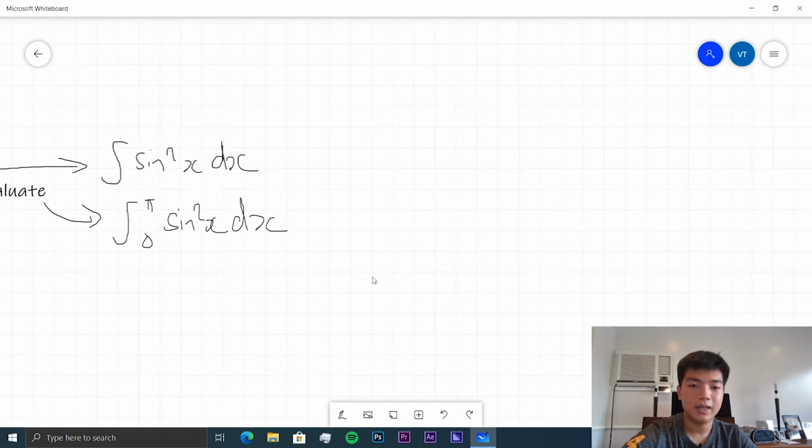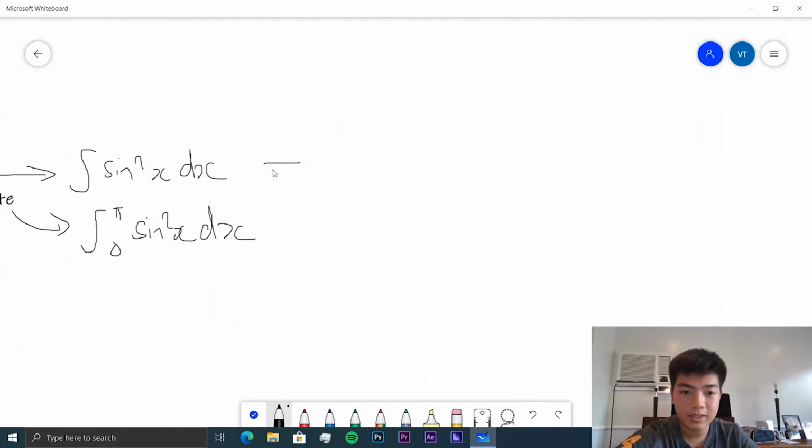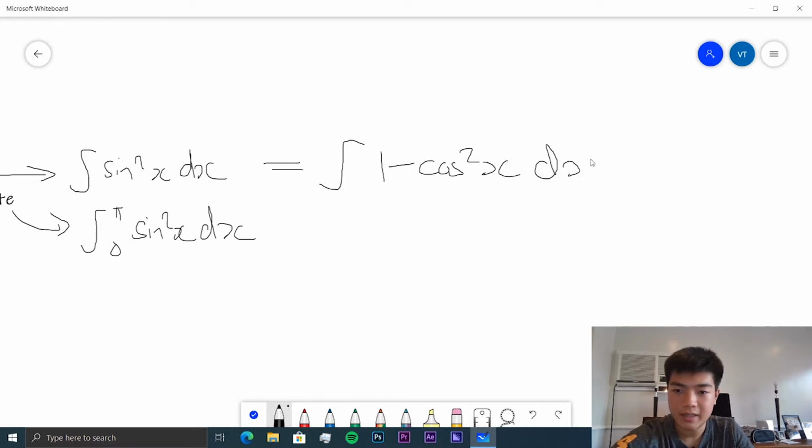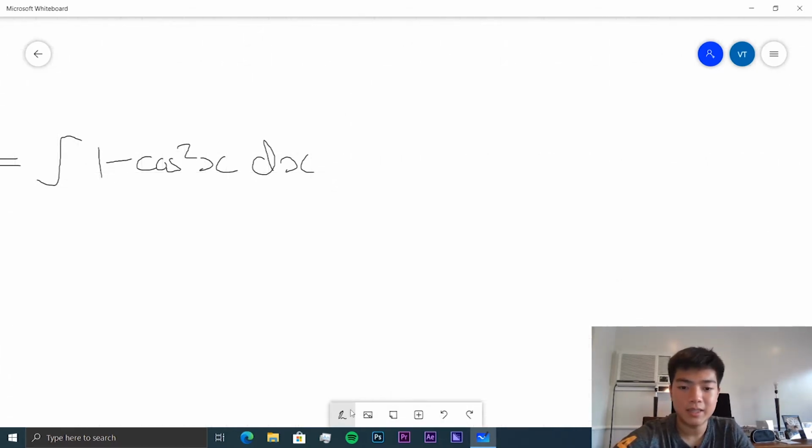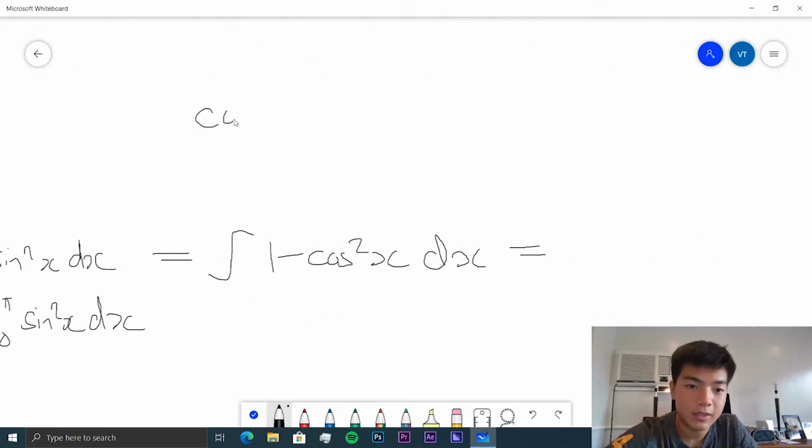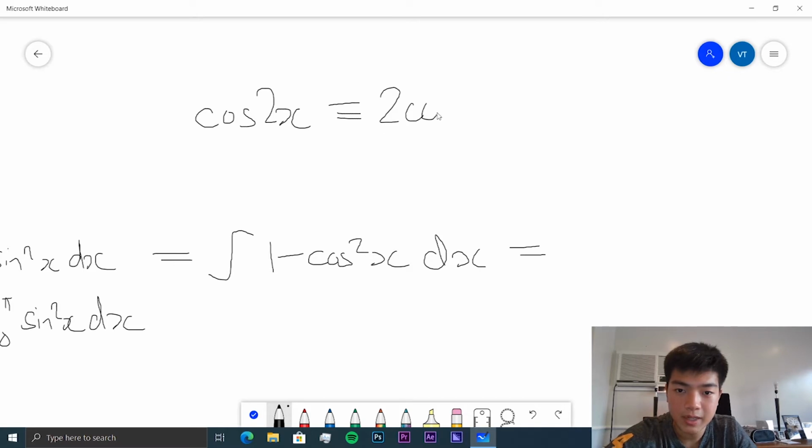Well, we have to use the double angle formula. So we know this indefinite integral is equal to, no, it's actually equal to 1 minus cosine squared x dx. But remember, cosine 2x is always equal to 2 cosine squared x minus 1.